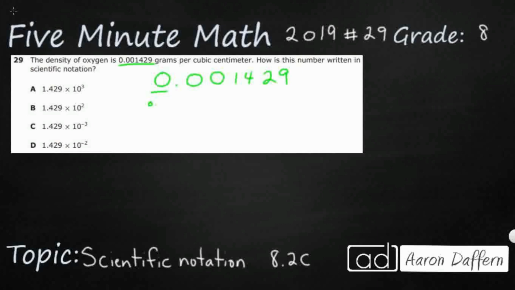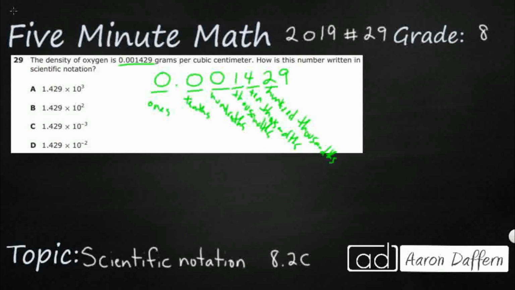All right, so that's my ones place. That's my tenths. That's my hundredths. Now I've got my thousandths, 10,000ths, and my 100,000ths, so that 9 is actually going to be in my millionths.